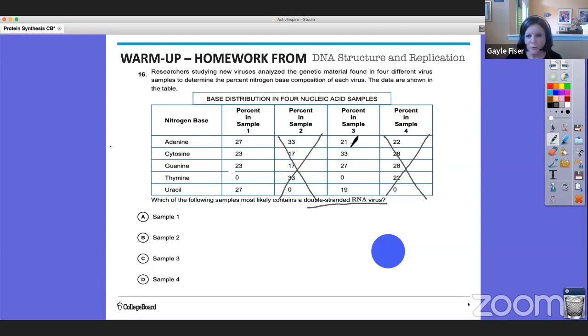Here we have 21% adenine, and uracil we have 19%. Close, but maybe we could do better. And then cytosine and guanine, 33 and 27. So we're looking at our A's and U's and our C's and G's. Here we have adenine 27, uracil 27, cytosine 23, guanine 23. So that's my choice, sample 1. And let's see if that's right. Yes, it is. I hope you chose A.